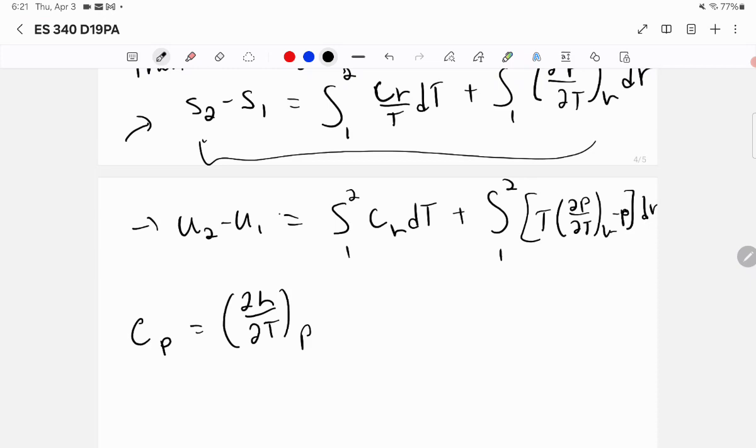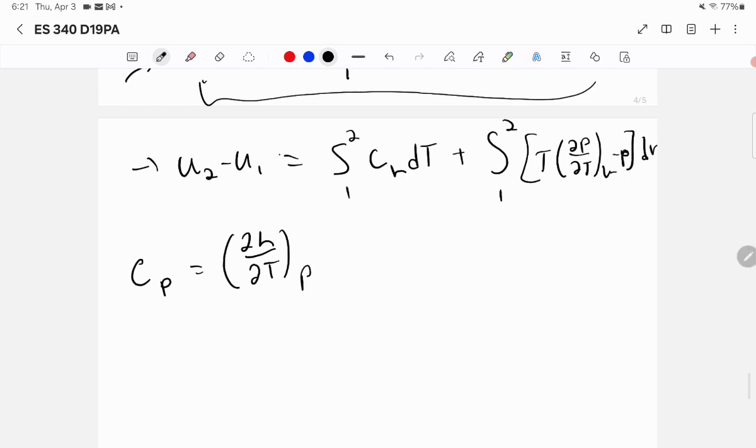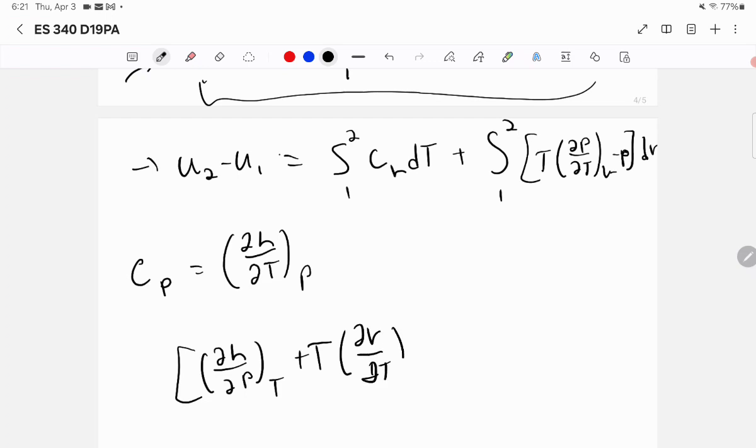Okay, so when we hold P as a constant variable, then we can get a bunch of equations, something that looks like, for instance, dH/dP holding T constant plus T dV/dT holding P constant minus V, dP, and setting that equal to T dS/dT at constant P minus Cp, all times dT.